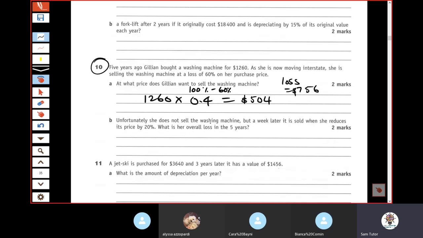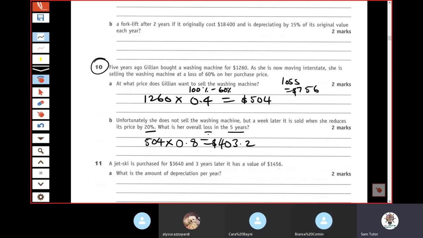Unfortunately, she does not sell the washing machine, but a week later it is sold when she reduces its price by another 20%. What is her overall loss in the 5 years? That's okay. So she reduces it by another 20%. That means her old price is now 504 times what, if you're going to reduce by 20%? 0.8. And that gives you your new price after a discount of 20%. And then what's your overall loss?